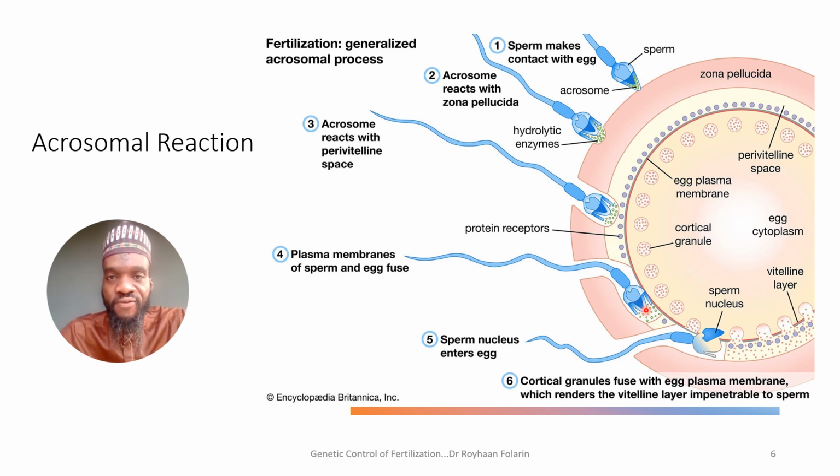Once this fusion happens, the tubule that has now been formed establishes the continuity between the egg and the spermatozoon, and this provides a way for the spermatozoal nucleus to reach the interior of the egg.